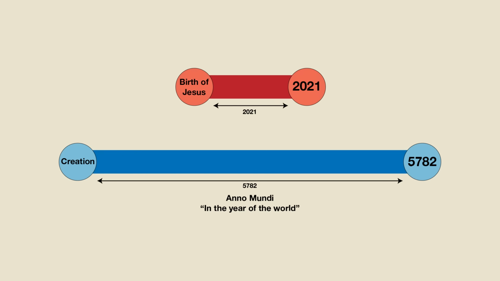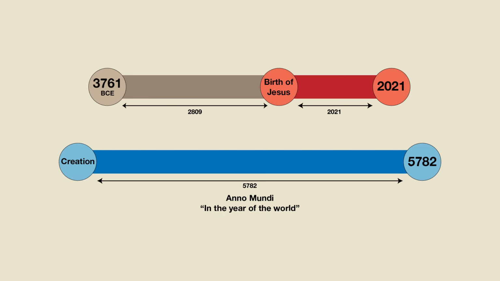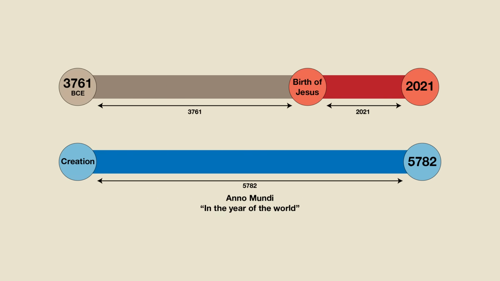If you take 5782 and subtract 2021, you can calculate that according to the Jewish calendar, the world was created in the year 3761 BCE.